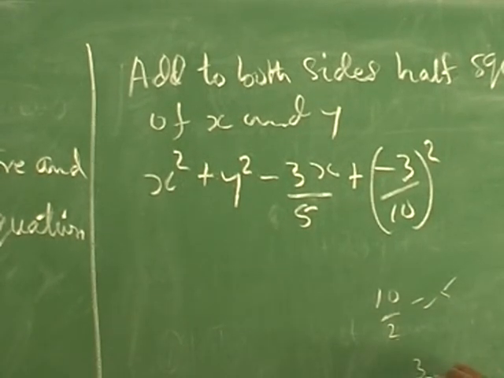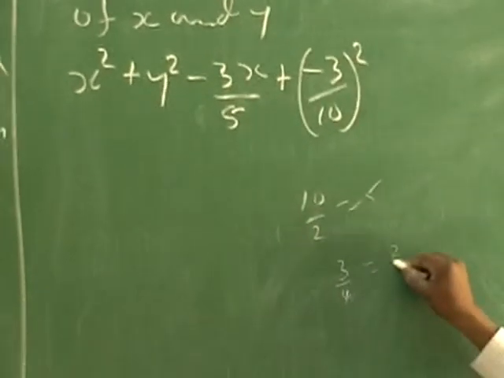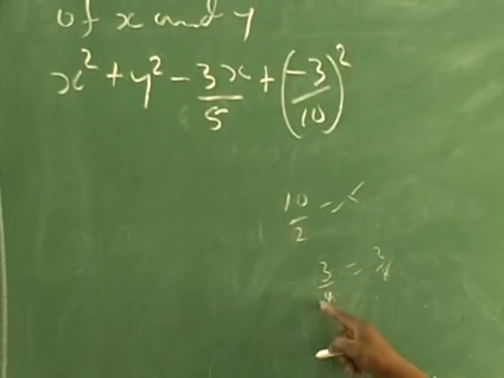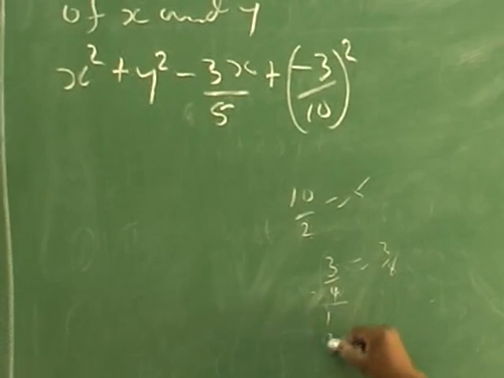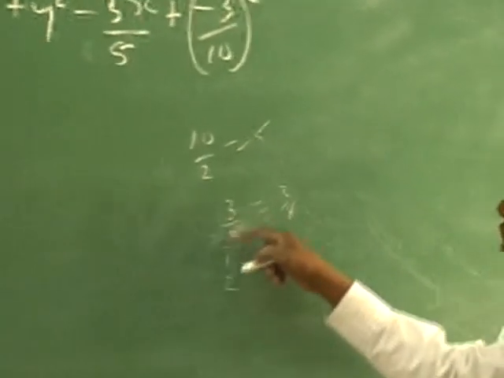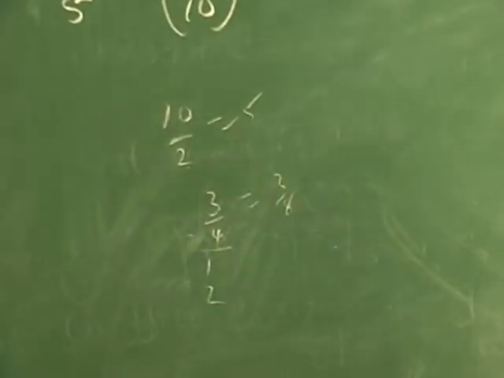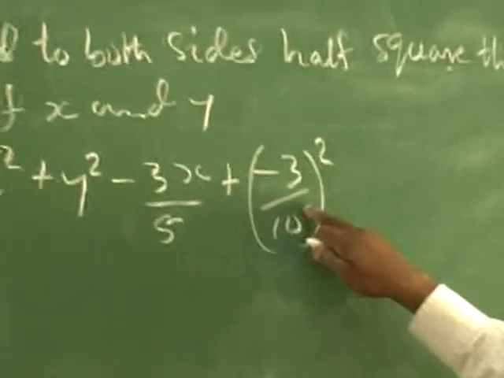Now what about half of 4? 3 over 4. Half of 3 over 4 will be 3 over 8, because I will just put the 2 here. What I'm doing is that I'm dividing it by half. So this 3 over 4 is the same thing as saying 3 over 4 times 1 over 2. So we'll have 3 over 8.